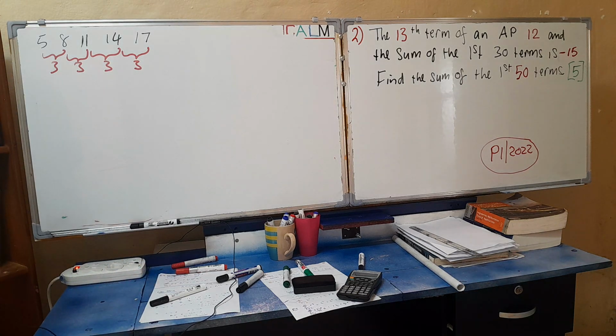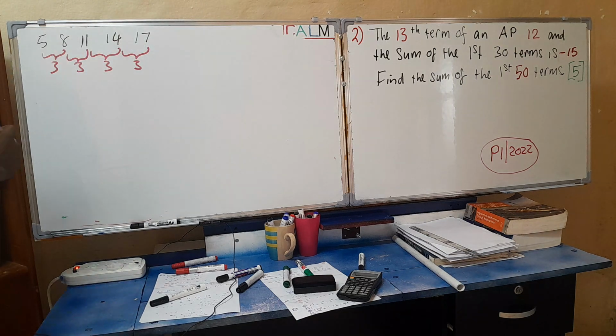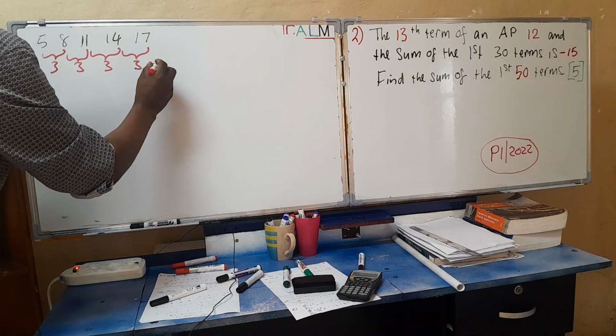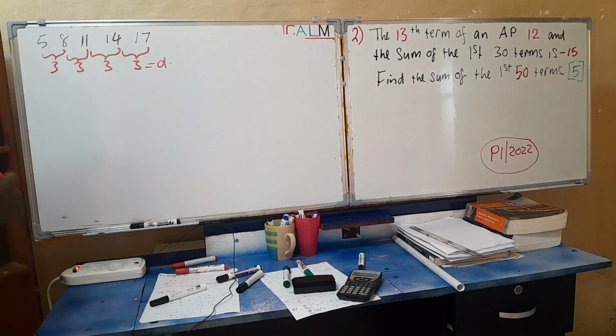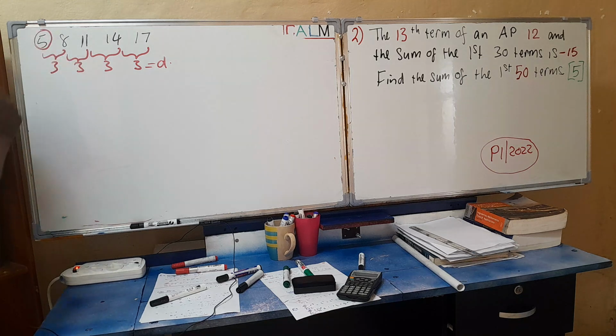Such a sequence is called an arithmetic progression, and the difference between two consecutive terms is a constant, called a common difference. And the first term of such a sequence is denoted by the symbol A.